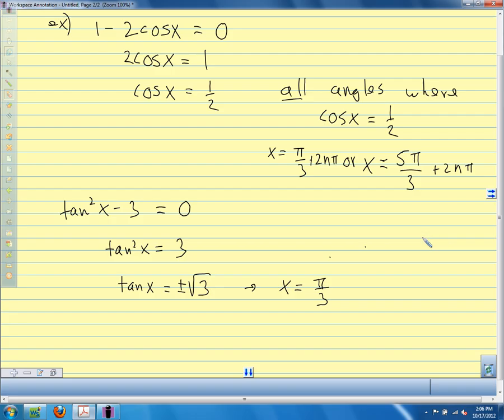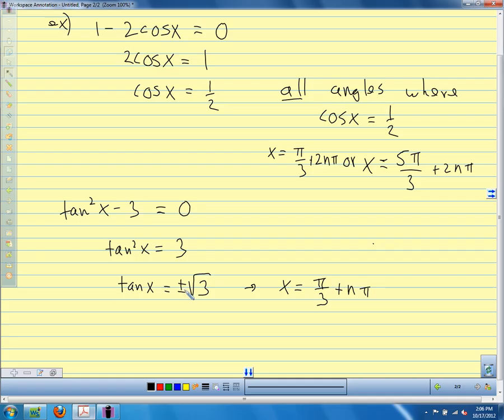Pi. So we can add a multiple of pi to tangent, because tangent repeats every pi units. So x would be pi over 3 plus n pi. That would get my pi over 3, that would get my positive square roots of 3.